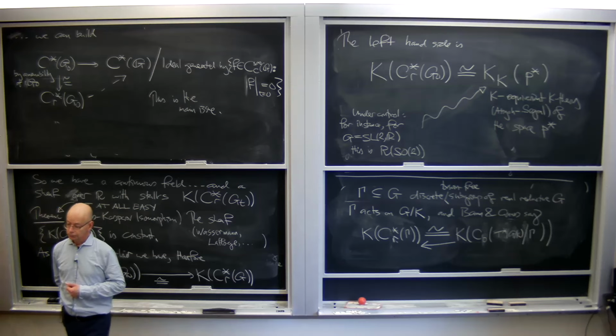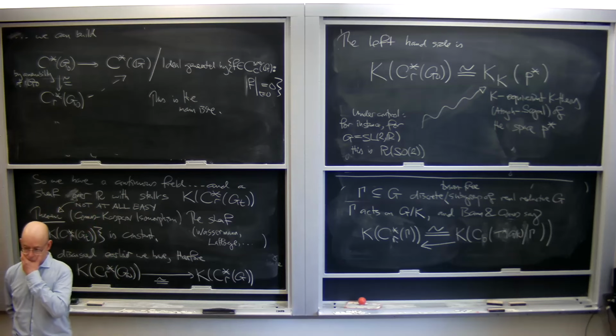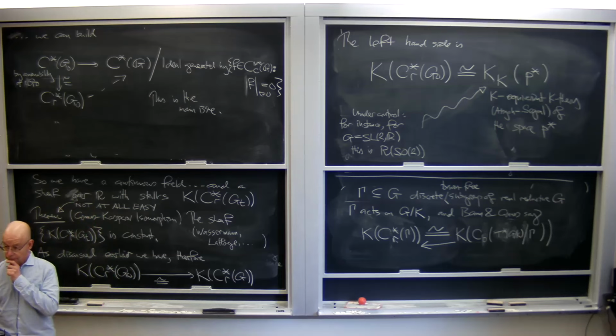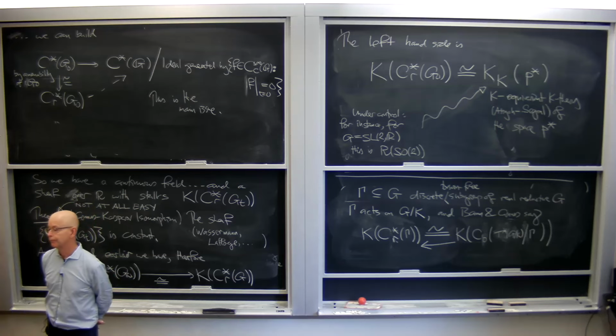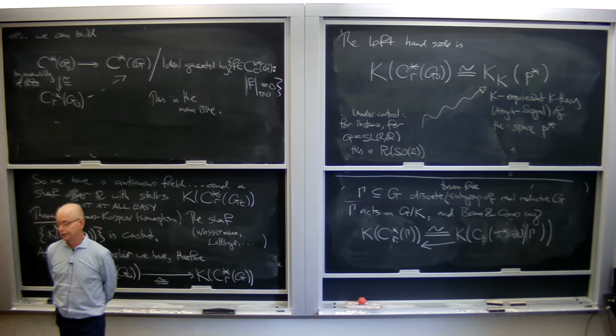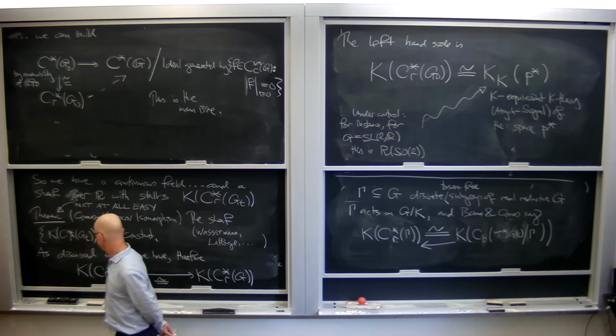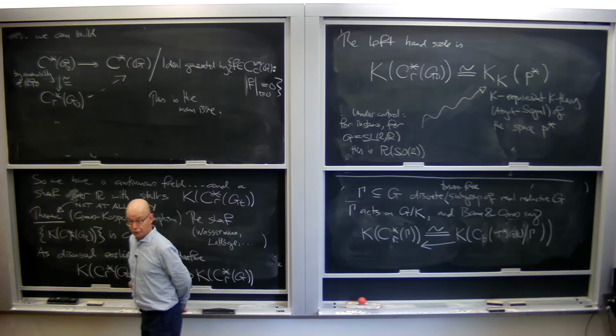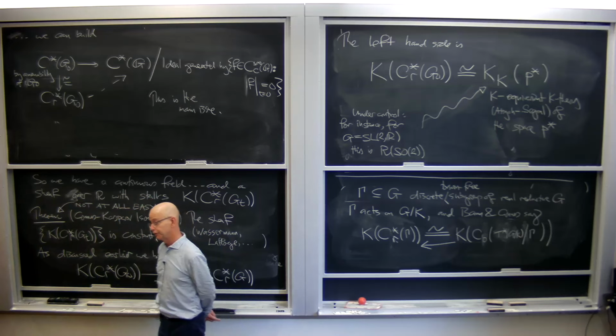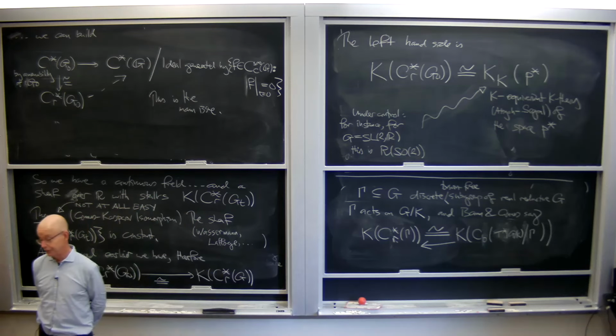What does the deformation to the normal cone, what does this whole bunch of tangent groupoids have to do with this map? Because you can formulate this map in other ways, which don't use continuous fields at all, or deformations to the normal cone.